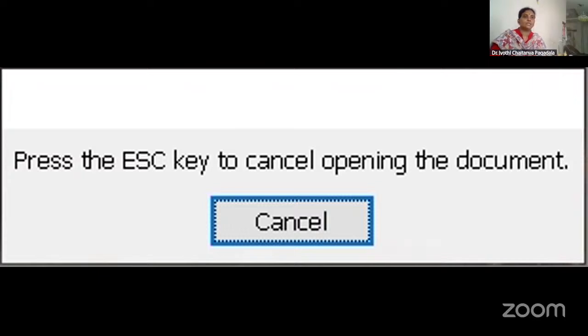Coming to the soil conditions, mulberry flourishes well in soils that are flat, deep, fertile, and well drained, loamy to clayey. We already discussed all these points yesterday, and also porous with good moisture holding capacity.